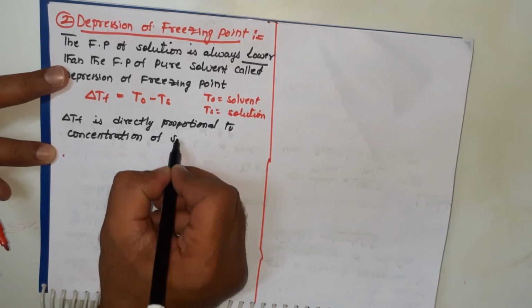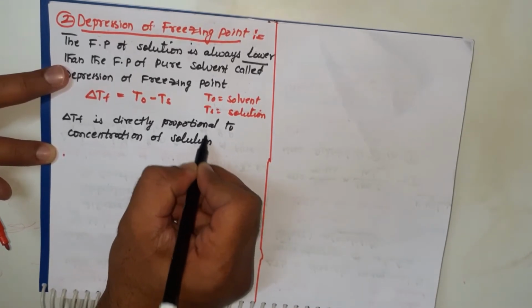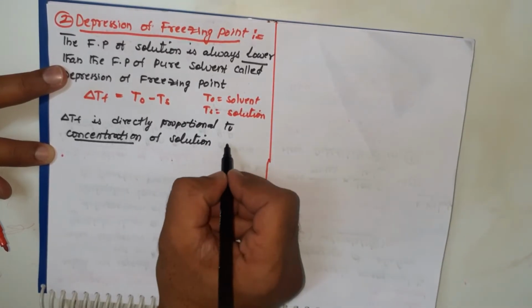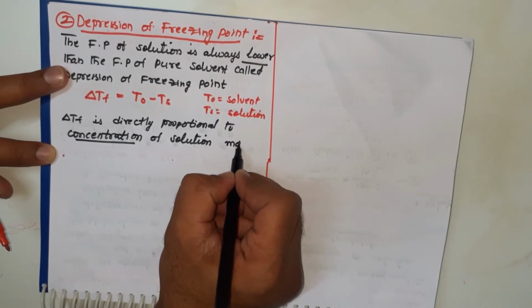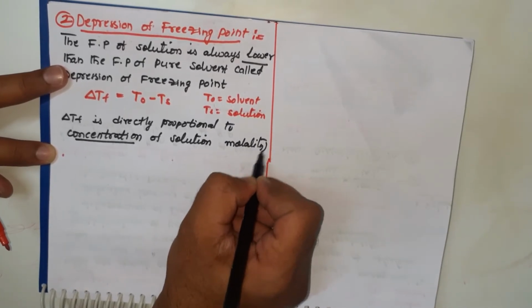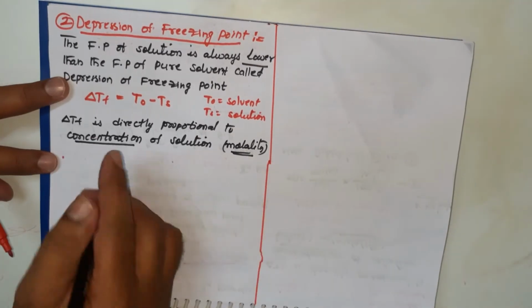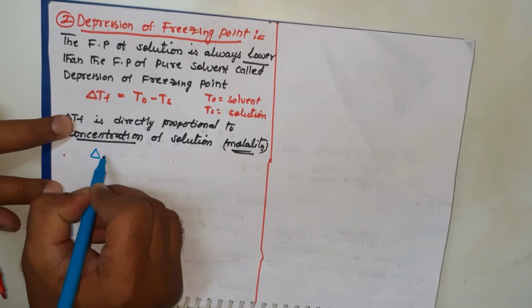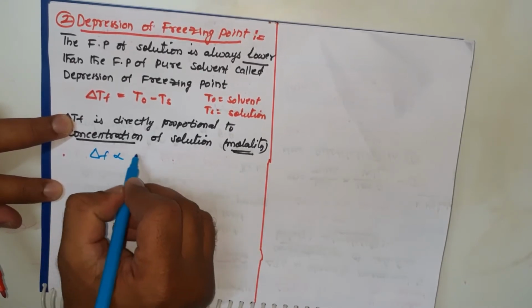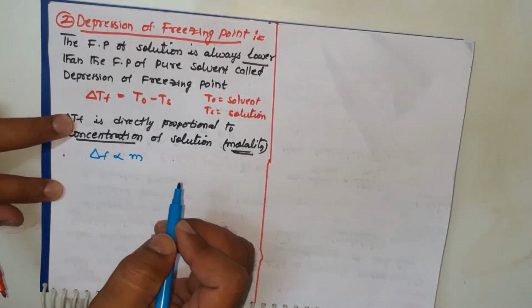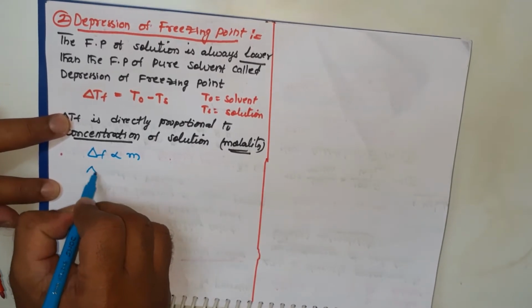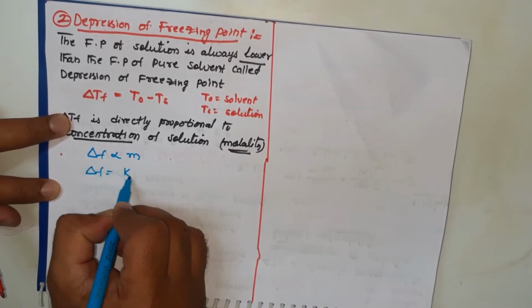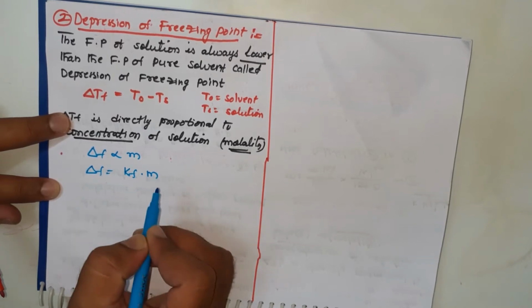How do we calculate concentration? We take molality. So delta Tf is directly proportional to small m, that is molality. Now delta Tf is equal to Kf times m.